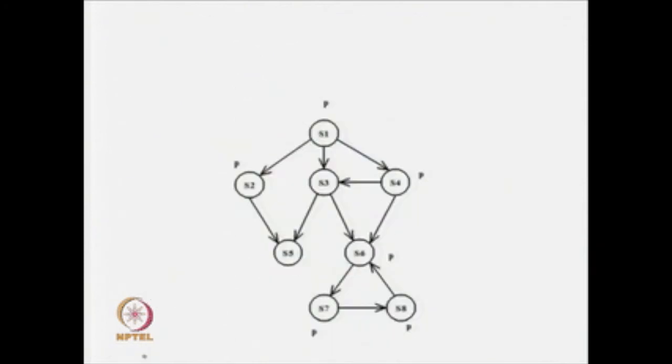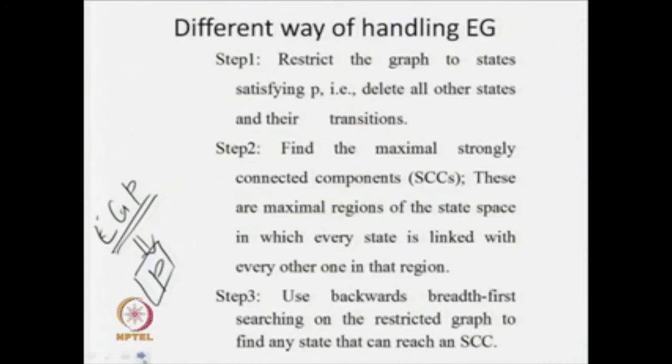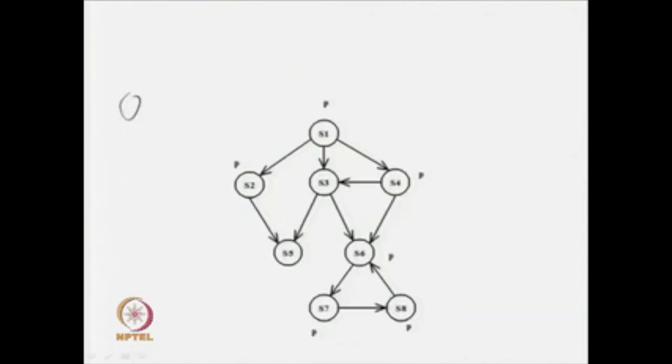Just to explain, say I have a state space like this, and say this particular state does not have a label of P, that means we are going to remove this particular state. Then when I remove this state, what will happen? This transition will remain dangling.